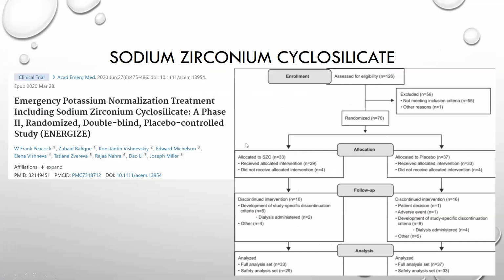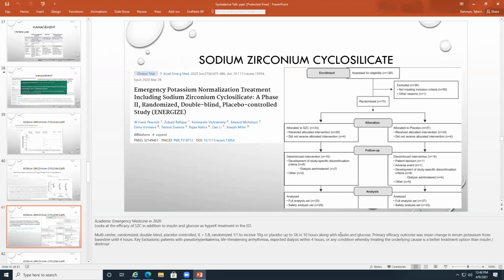This was a study published in the emergency medicine journal, where it looks at the efficacy of Lokelma in addition to insulin glucose as a treatment of hyperkalemia in the emergency room. So these authors randomized into two groups. One group is just insulin plus dextrose. The other one is insulin, dextrose plus Lokelma.